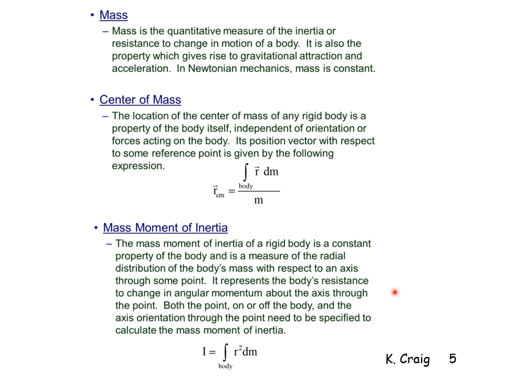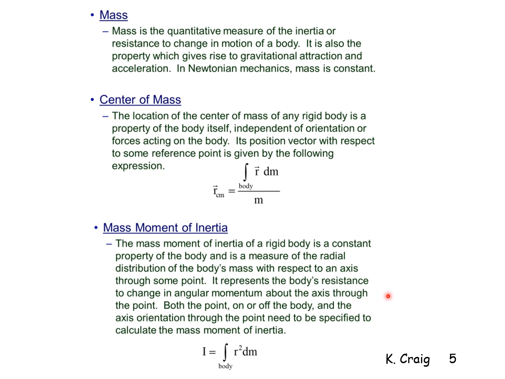And when you ask someone what is the mass moment of inertia of the body, you have to give them two pieces of information in order to get an answer. Mass moment of inertia with respect to what point in the body, mass moment of inertia with respect to what axis through that point in the body. If you don't give those two pieces of information, then you can't determine what the mass moment of inertia is.